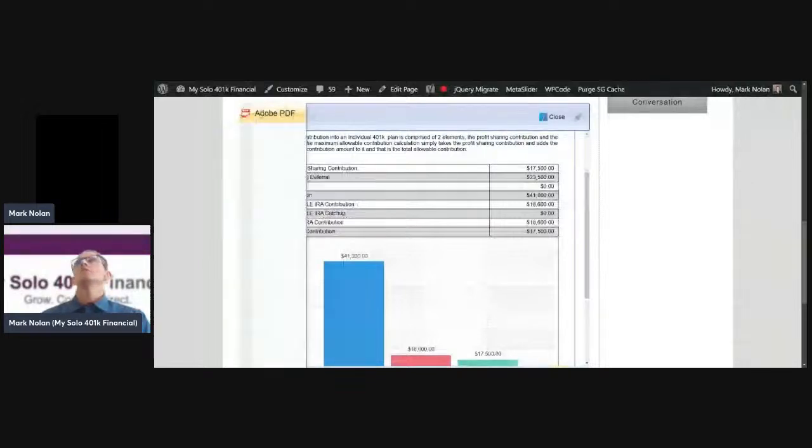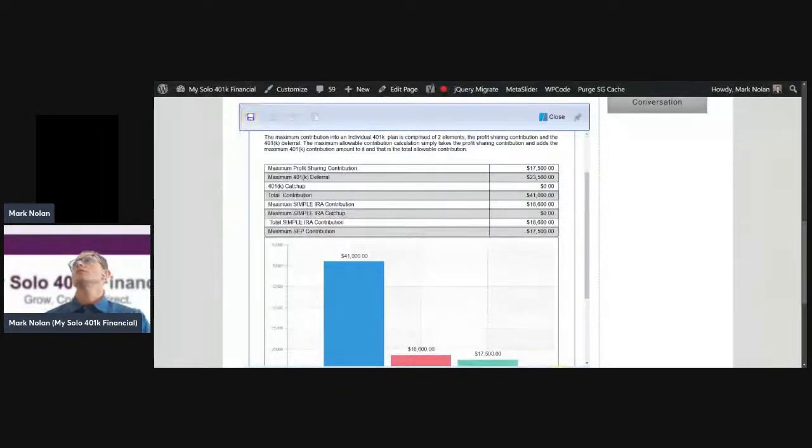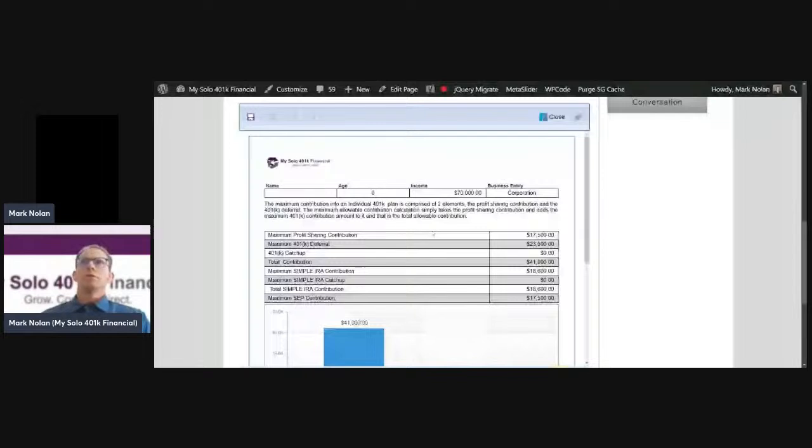Let's see here. Okay, so here, all you need is $70,000 of W-2 wages, box 1, to maximize your voluntary after-tax solo 401k contribution for tax year 2025. Why?